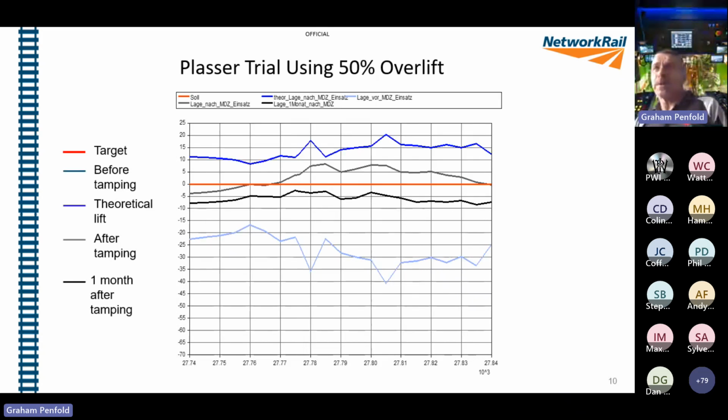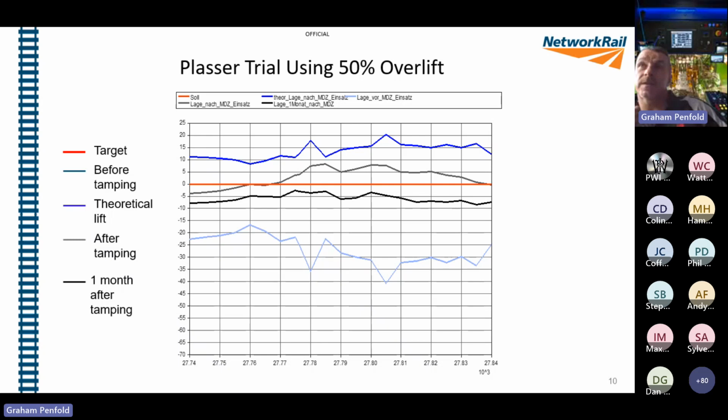Now, Plasser did a trial using 50% overlift. I'm going to come on to the types of overlift in a minute, but 50% overlift is basically 50% of your applied lift. So if you have a look at this graph, because of the 50% overlift, we're theoretically well above our target, but you get that immediate settlement under the machine, under the bogies and actual weights of the machine.